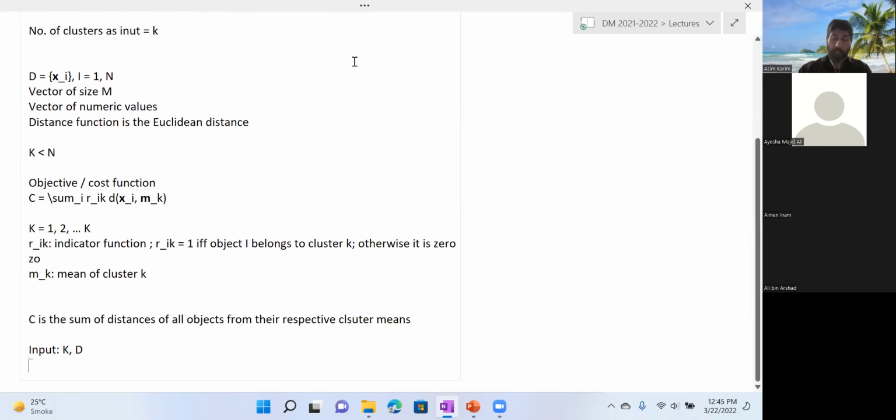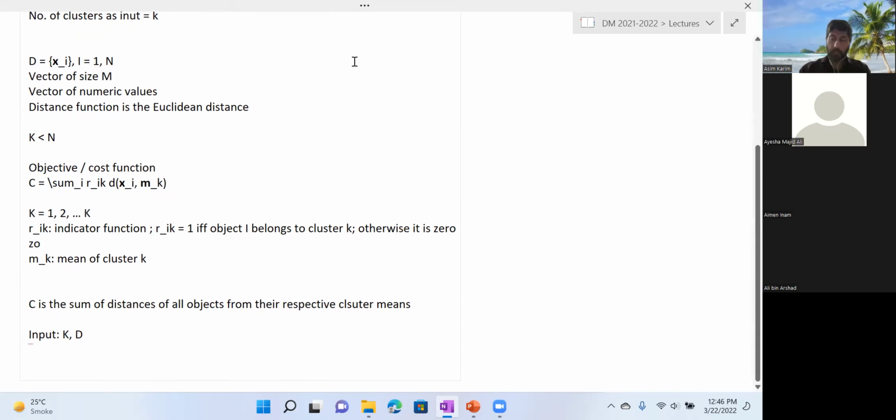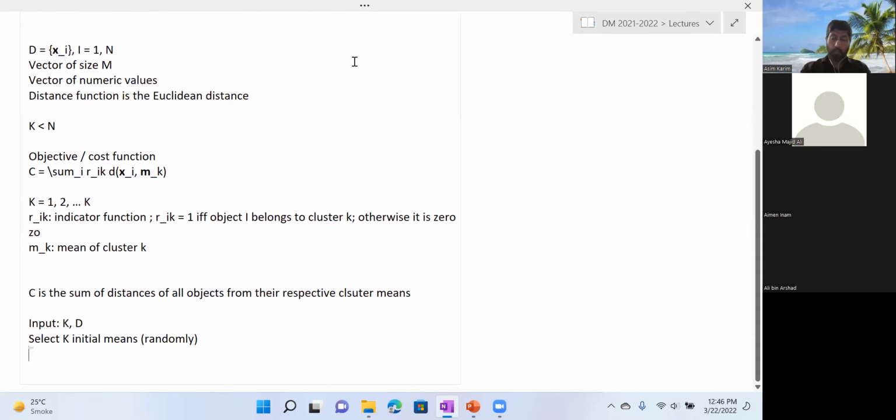So initially, I'm going to write the algorithm in a non-standard format, kind of English. So basically, select K initial means. So this is the start. You select K initial means, and you can typically do it randomly. And of course, later on we will discuss some other techniques. And then we do a loop.